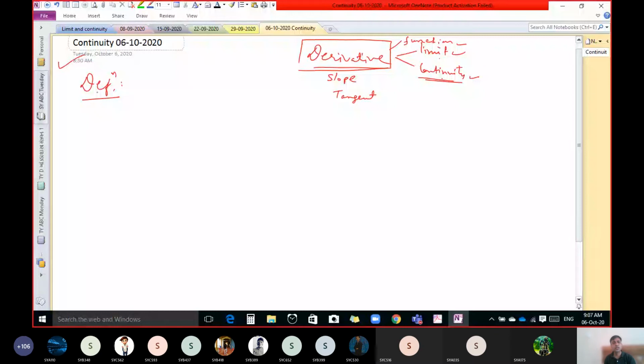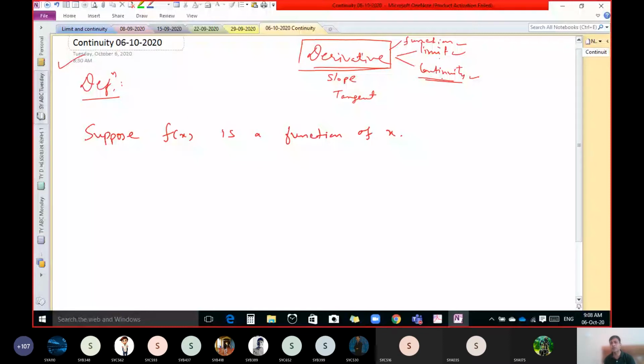Suppose f of x is a function of x. Now this f of x may be a simple function or a step function, whatever it is, forget about it.